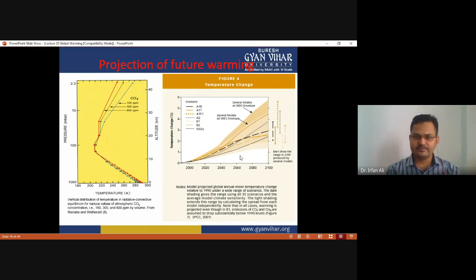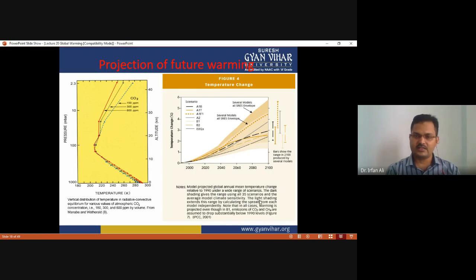And in this figure, you can see the model projected global annual mean temperature change relative to 1990 under a wide range of scenarios. The dark shading gives the range using all 35 scenarios and the average model climate sensitivity.